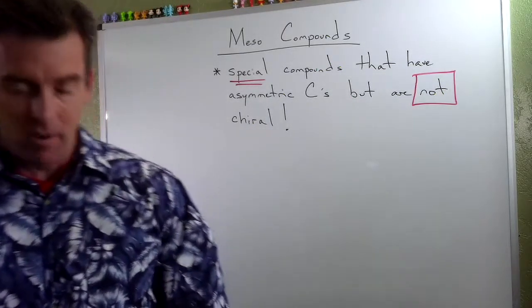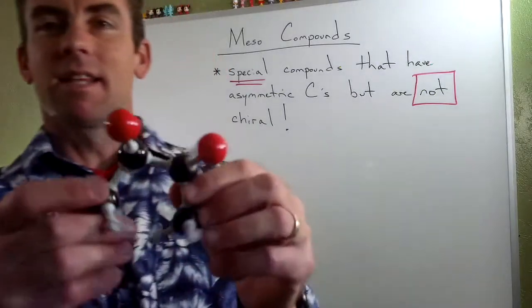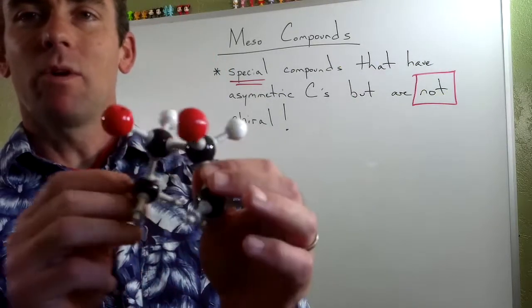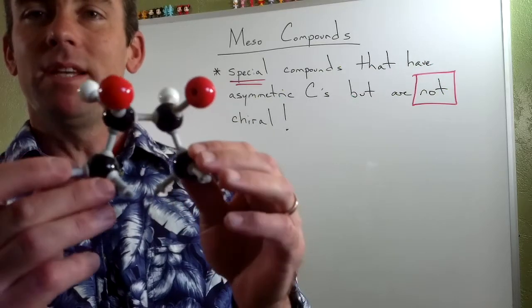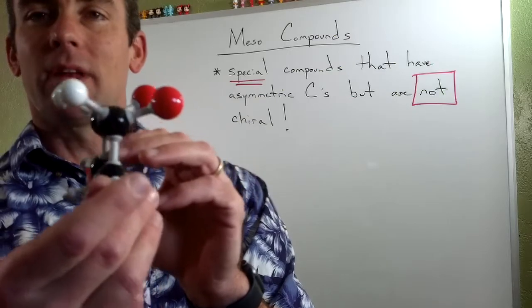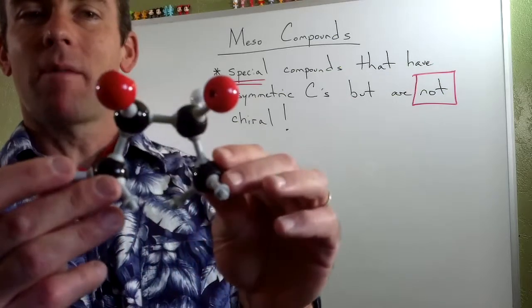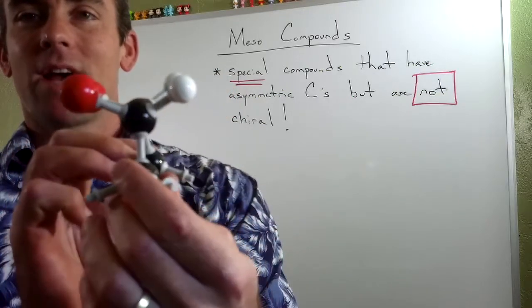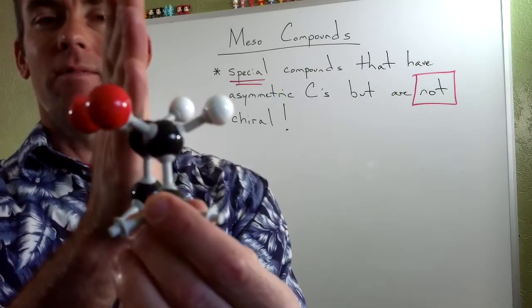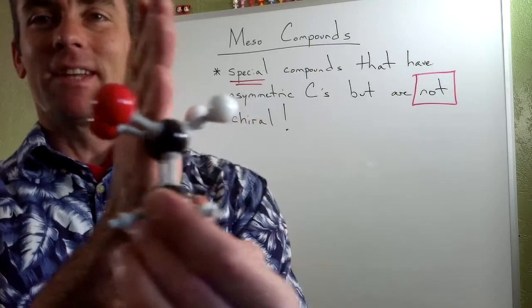Well, the first thing that we're going to do is take this compound and find a mirror plane. It turns out anything that is meso has a mirror plane. And as I've built this thing, it's probably fairly straightforward for you guys to notice that there is not a mirror plane here, right?